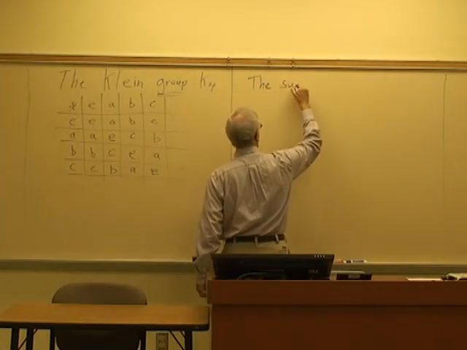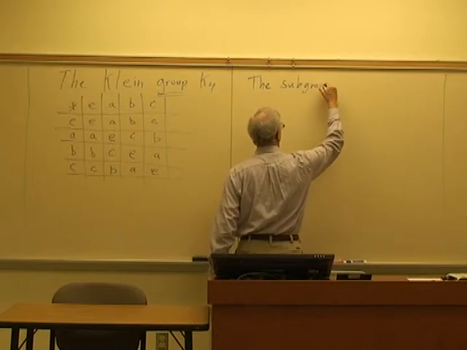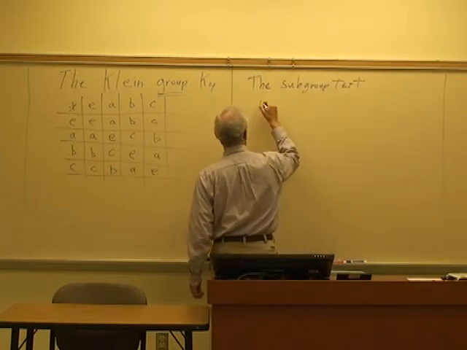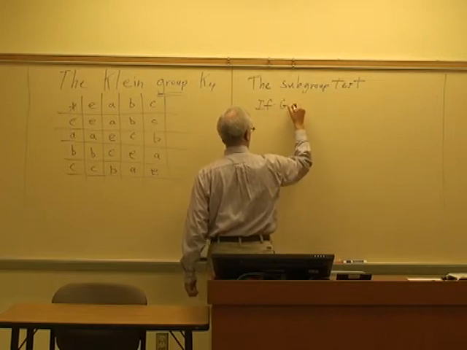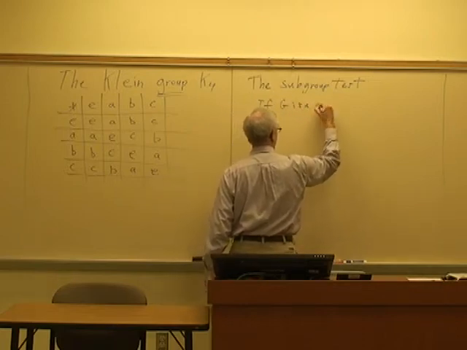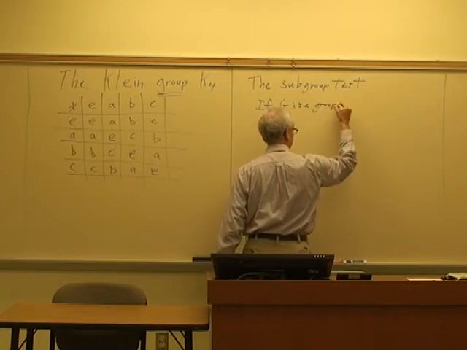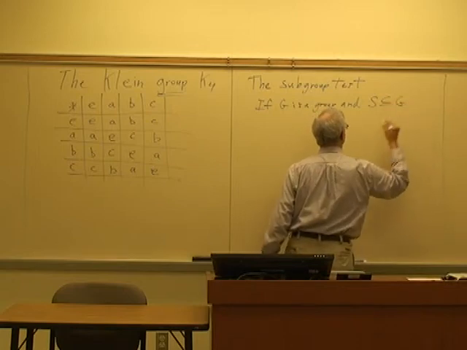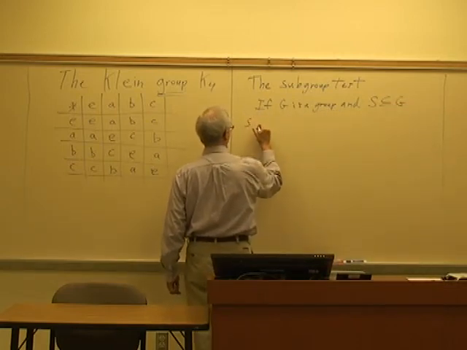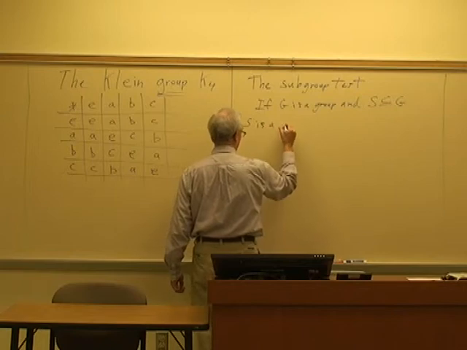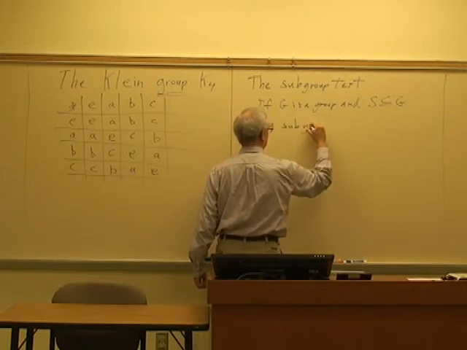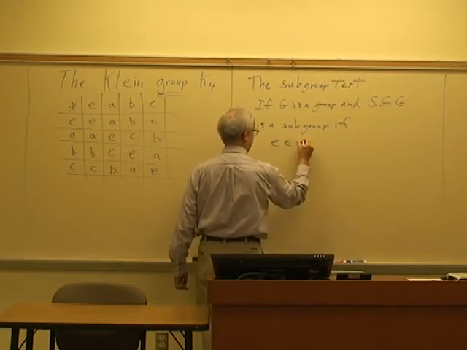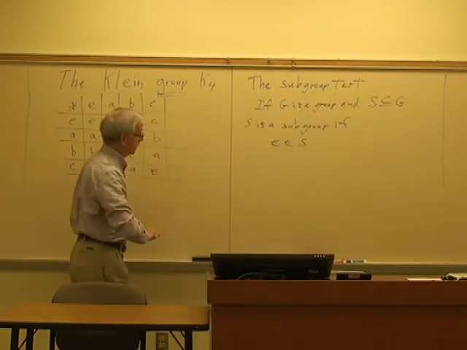The subgroup test: if G is a group, and S is a subset of G, S is a subgroup if the identity is in S, the identity of the original group.